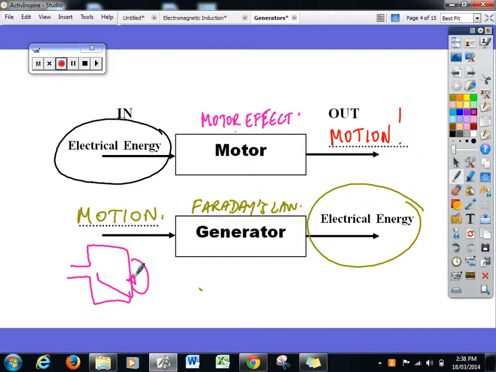Australia mostly has them. Other than that, we can just attach a big old propeller to this and pop it in water, and we use a river. As it flows down, the river turns the propeller, and the propeller attached to the coil turns the coil. We call that hydroelectric. Okay?